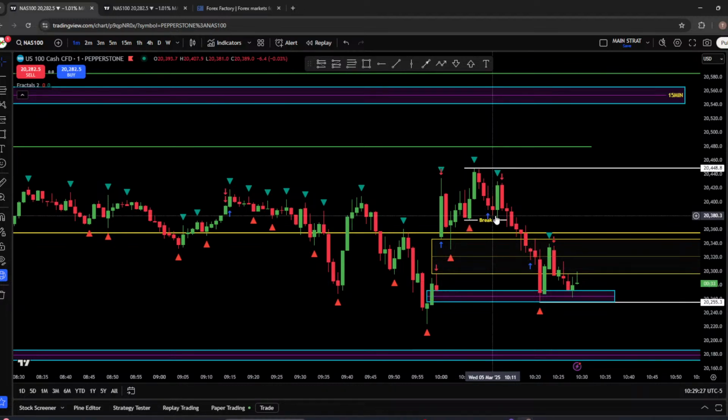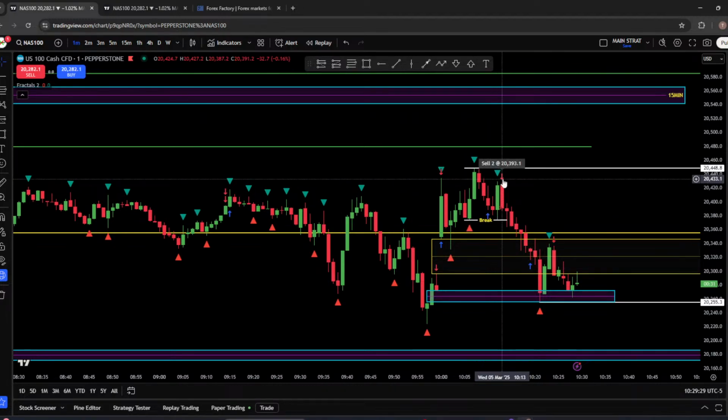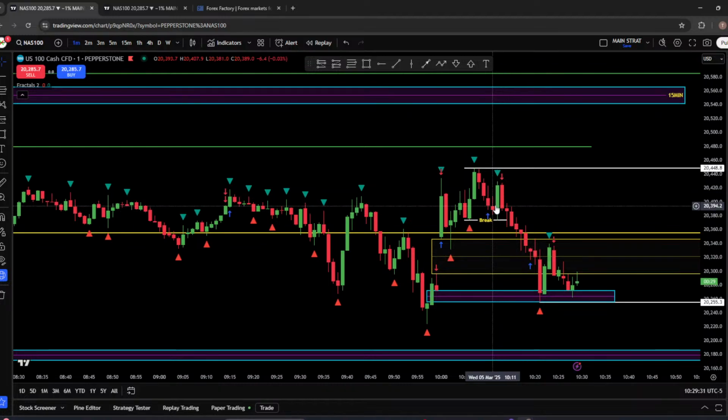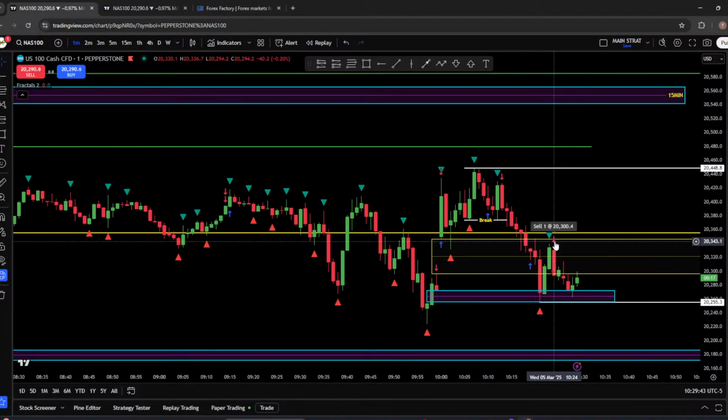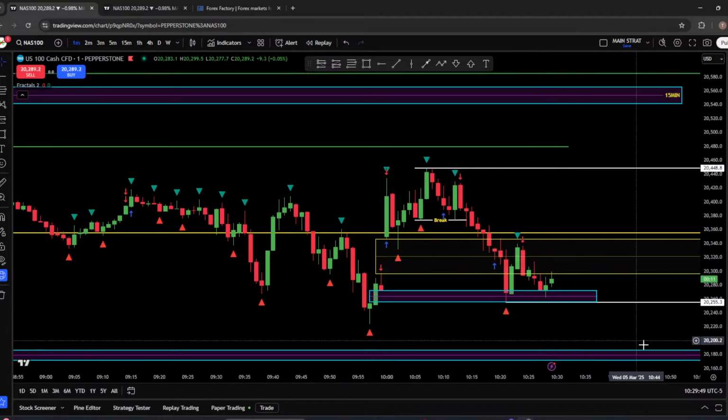I took two buys here, and then had a break even trade, which was good, because if it was to go to that buy side, that would have been nice. But we were able to break even on that one. So then we took a buy here, and I was able to only take a $29 loss.